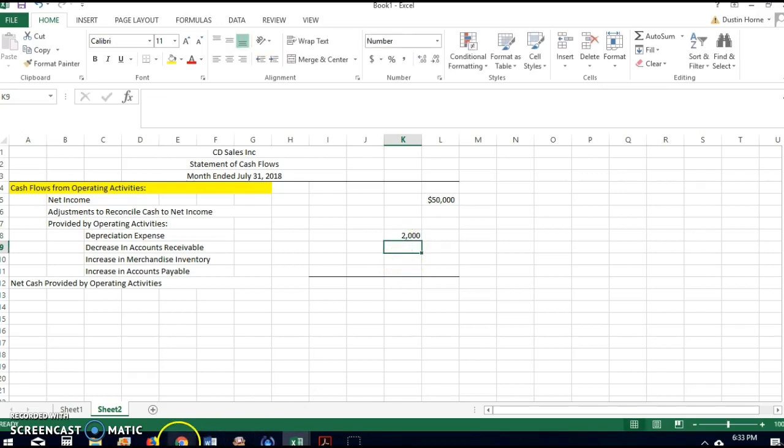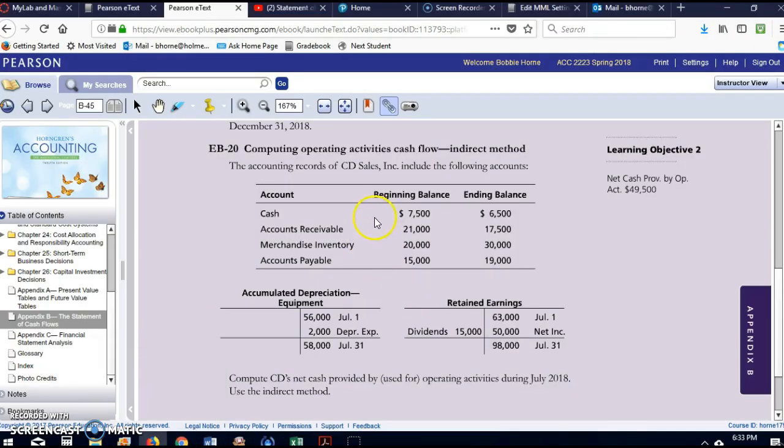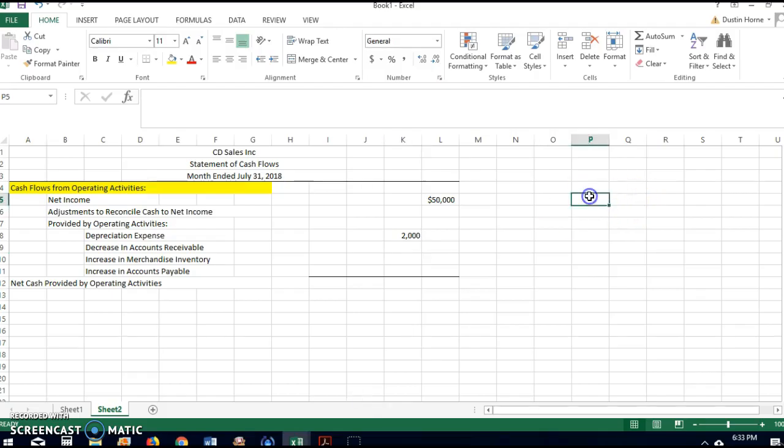Now let's look at our next account. Accounts receivable went down by $3,500. So let's think about it for a minute. When we increase accounts receivable, we debit it, right? Accounts receivable has a normal debit balance, so the only time I debit accounts receivable is if I'm making a sale on account.